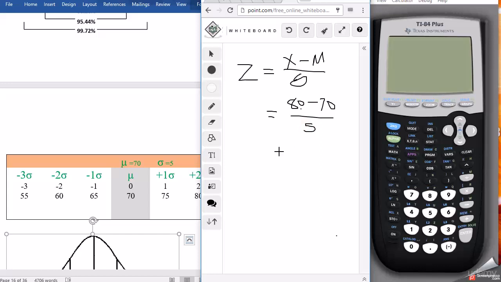That gives us 10 divided by 5, which is equal to 2. So a raw score of 80 is the same thing as a z-score of 2.